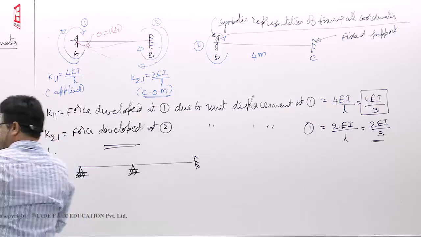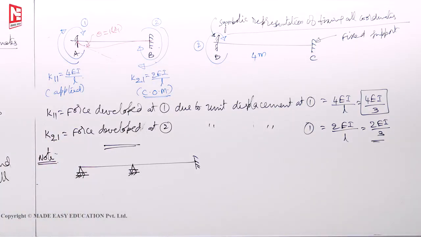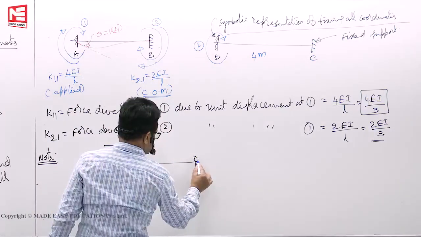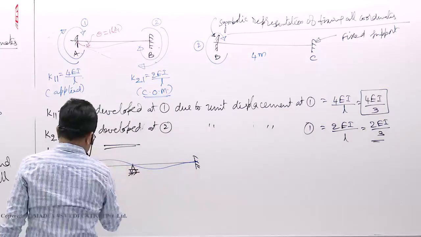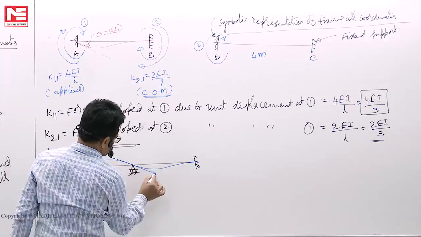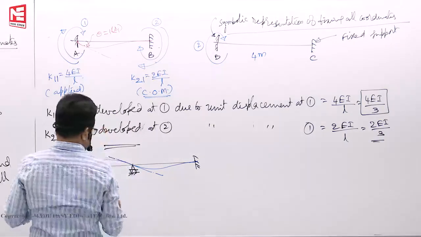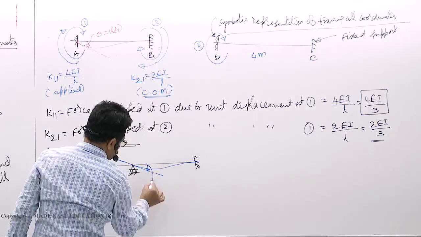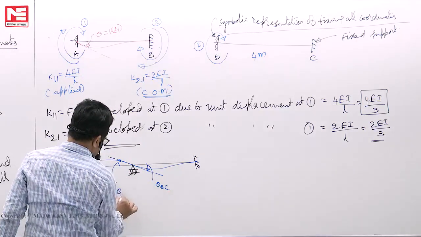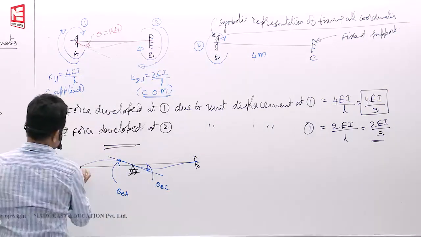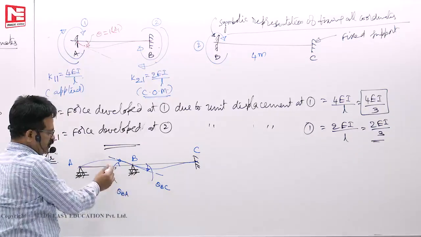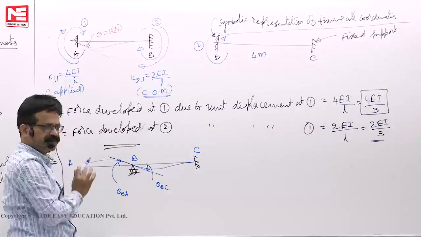When you apply load or any deflection profile you take, let us say, how will the deflection profile look? Like this it is deflected, let us assume. Okay, this is the tangent. This value is clockwise theta BC. This is also clockwise, you see, theta BA. A, B, C. You see here, if theta BC is clockwise, theta BA has no choice. It has to be clockwise only.